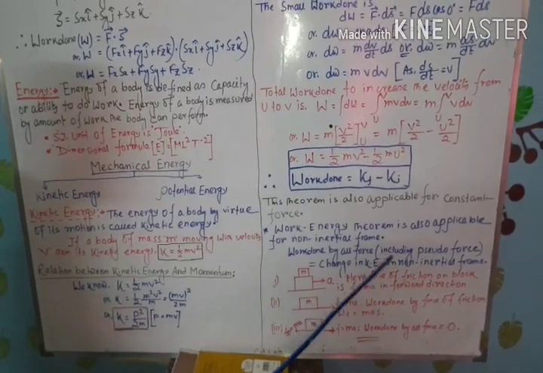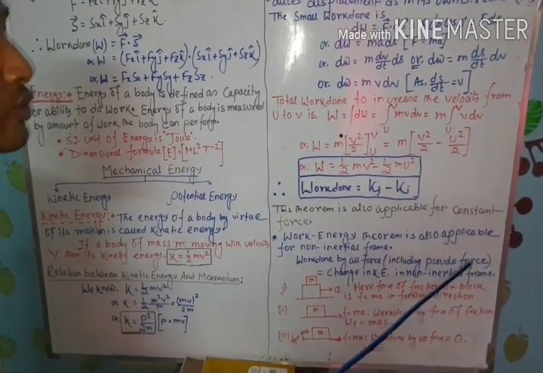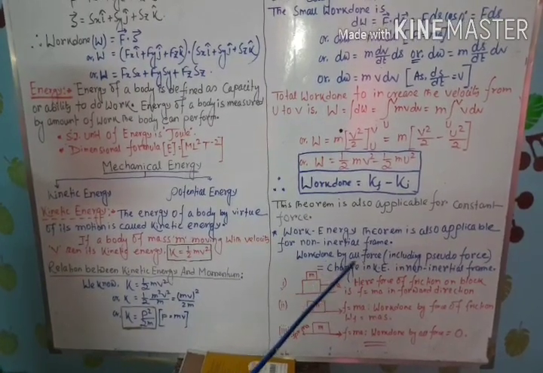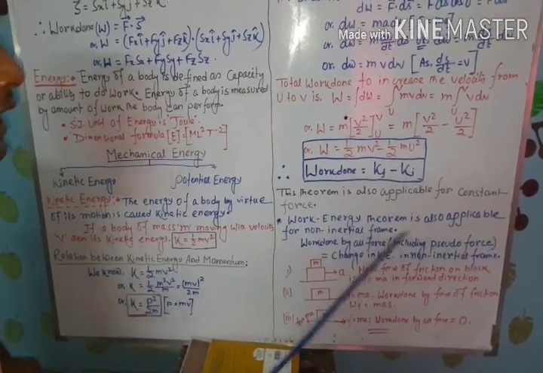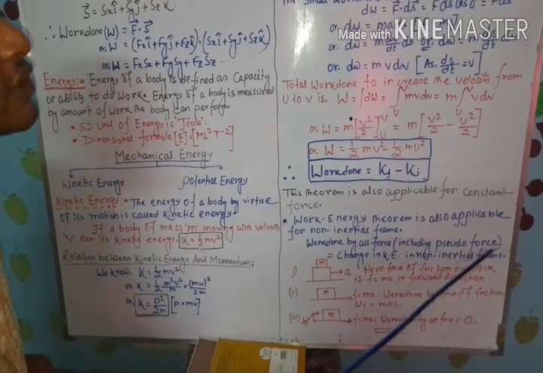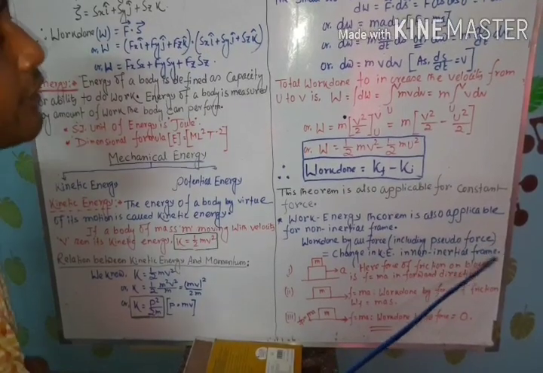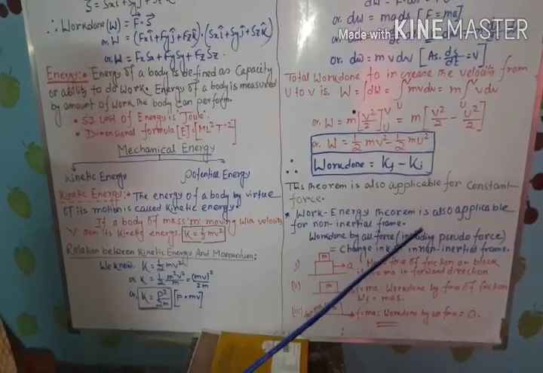In the non-inertial frame, a pseudo force comes into play. That's why I write over here work done by all forces, within bracket including pseudo force, is equal to change in kinetic energy in the non-inertial frame. So that is the statement of work energy theorem in the non-inertial frame.